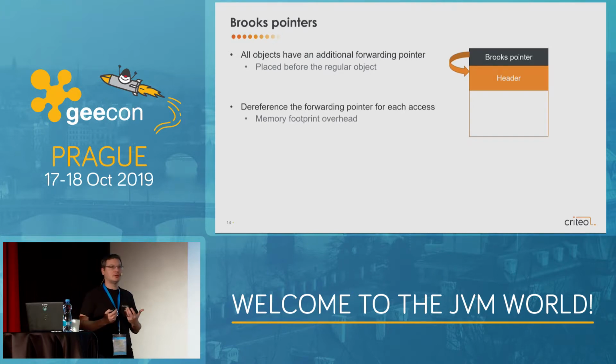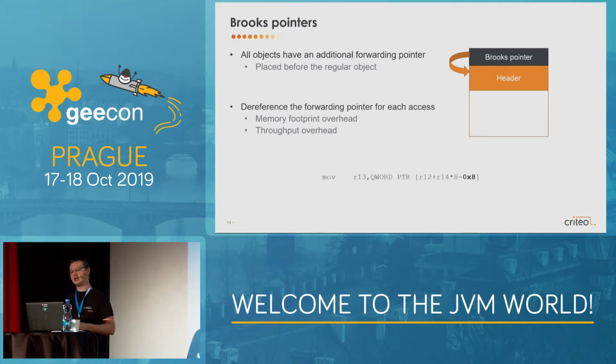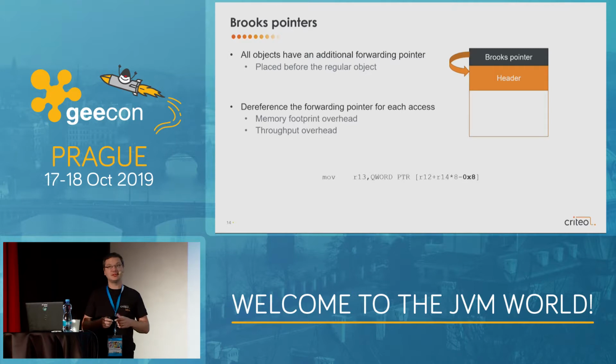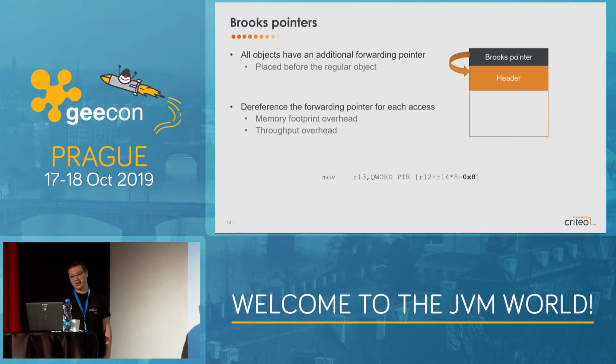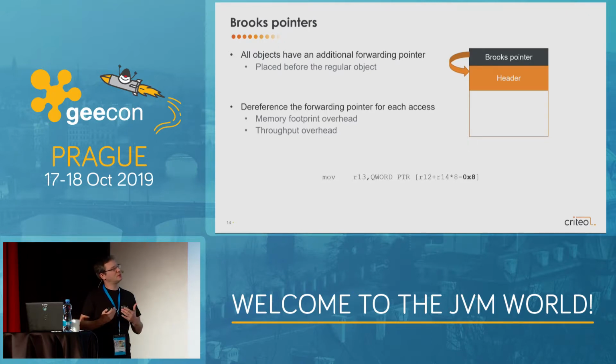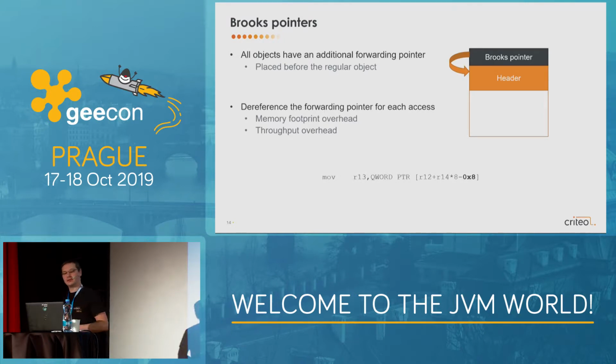Okay, that imposes a memory footprint overhead and also a throughput overhead, because each time we need to access those objects, we need to dereference. The JIT will emit this read barrier like this. So we have the reference of the object here in a register, multiplied by 8, and then we decrement the address by 8 to get to the Brooks pointer, the square brackets to dereference it, and then we load the real object address into the R13 register.